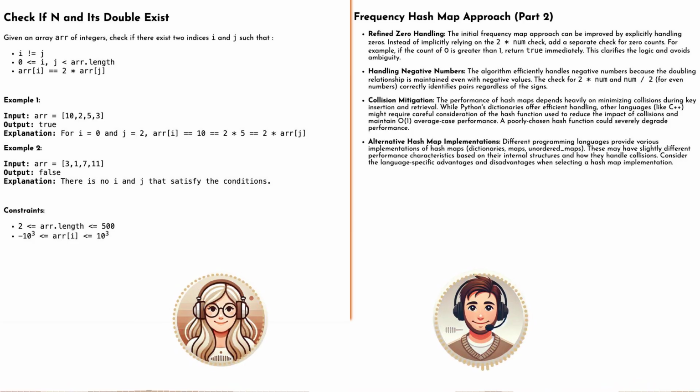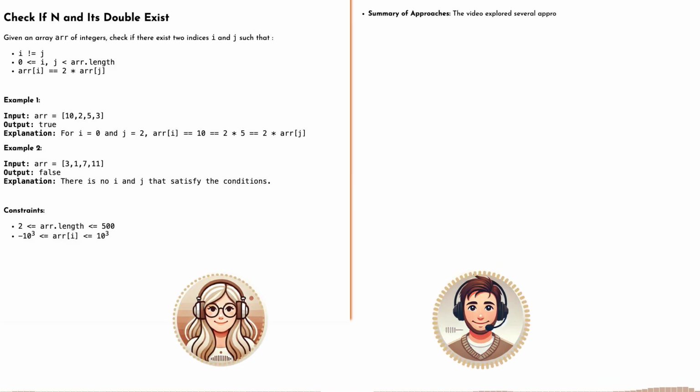You got it. Okay, so it sounds like the hash map approach is as efficient as the set approach, but with the added advantage of gracefully handling those negative numbers. Exactly. Choosing between a set and a hash map really comes down to the specifics of your problem. If you need to track how many times each number appears, a hash map is definitely the way to go. This deep dive has been incredible.